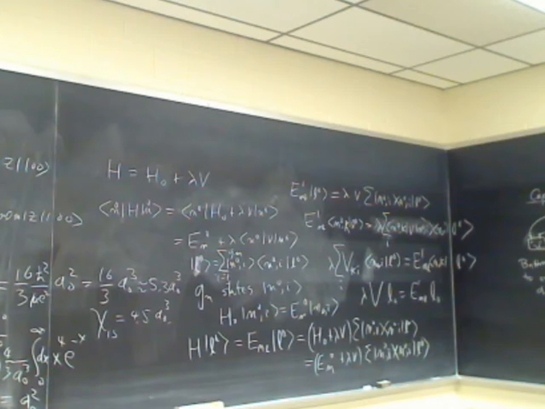So we're going to assume for the rest of this treatment of degenerate state perturbation theory that we're dealing with a level and a potential such that this procedure breaks the degeneracy.